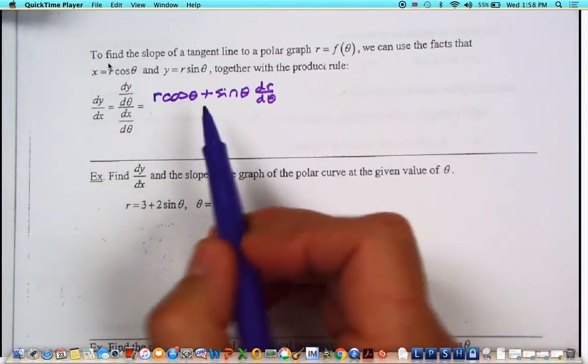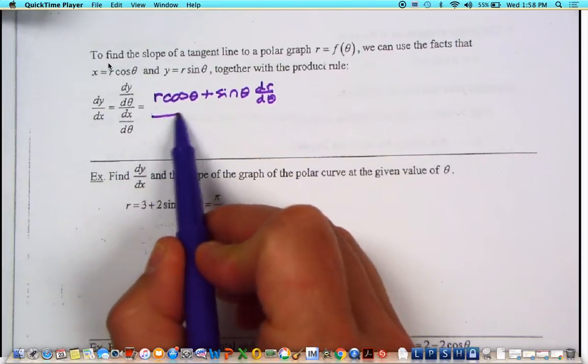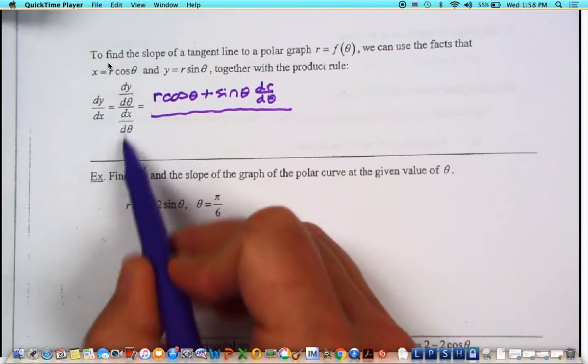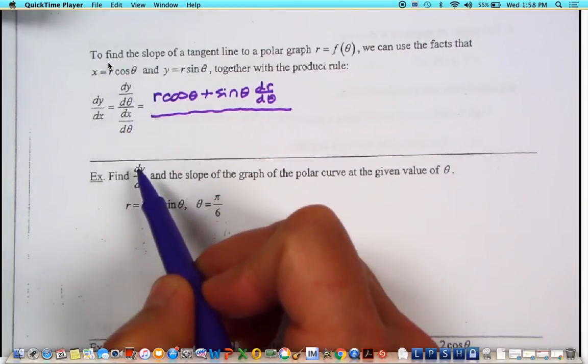Over, and remember these are independent of one another, right? There's no quotient rule or anything here.